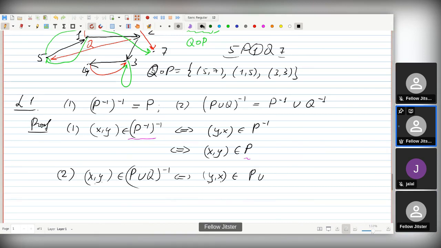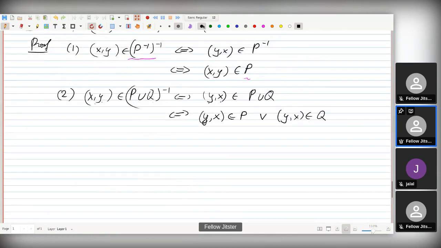YX and XY. So P union Q. But that means that either YX belongs to P. Okay, let me write it in full. Either YX belongs to P or the same pair YX belongs to Q. Do you agree?